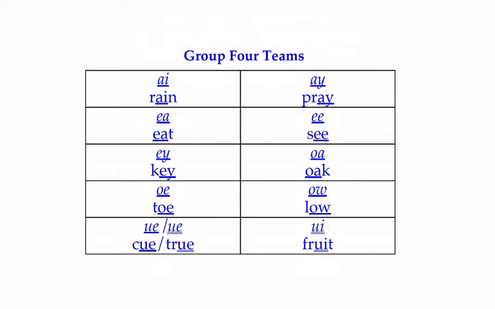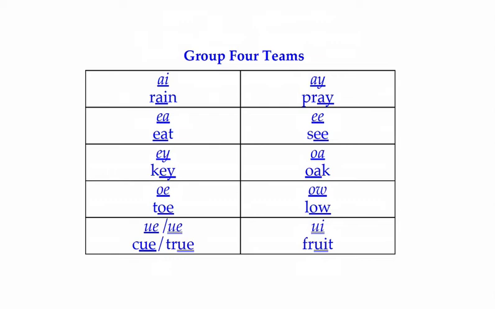Remember, U is the vowel that can represent two long sounds. The first long sound of U is the name of the letter U, as in the word Q. U can also represent a second long sound, oo, and when U represents its second long sound, we double underline it. So we have the UE team representing the first long sound of U in Q and the second long sound of U, oo, in true.